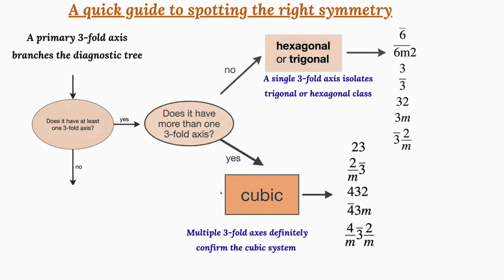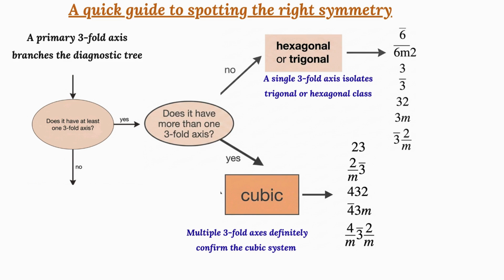So the next question is: does it have more than one threefold axis? If yes, then it may be a cubic system, and we should verify with the four axes of threefold symmetry, because that is the defining symmetry for cubic. Similarly, if it does not have more than one, then it must be trigonal, or one of the other point groups of hexagonal. So this isolates it from the cubic system. One should check first sixfold, then threefold.